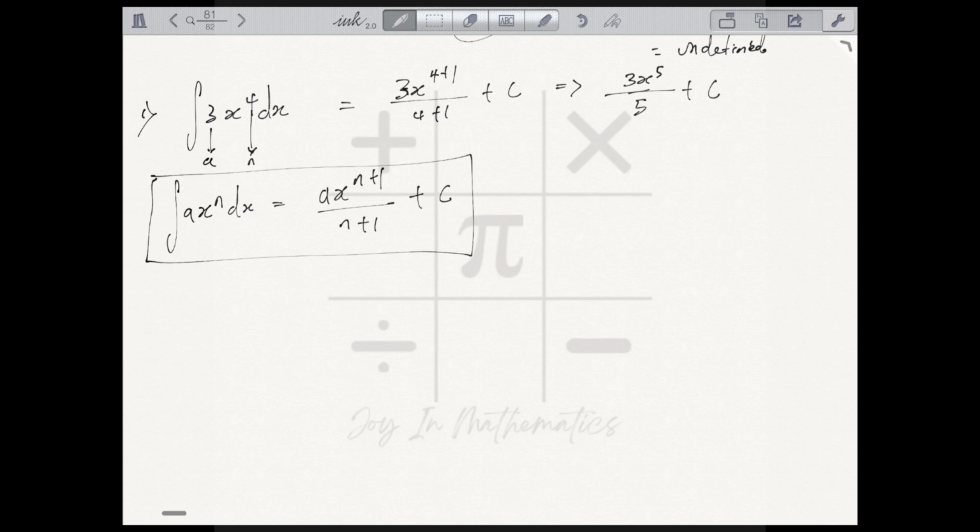Very simple. Another example. Let's take 2 divided by x squared dx. Now, applying the law of indices, this can be written as 2x raised to power minus 2 dx. Now, applying this, this is our a and this is our n.